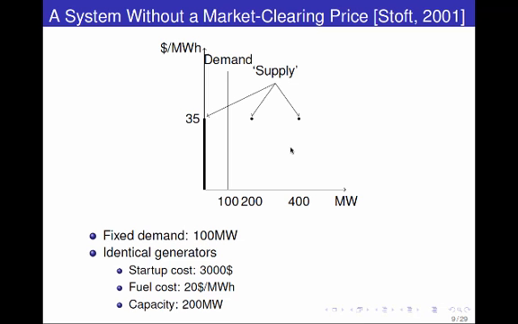But here, suppose this market is going to run for 1 hour. Would you bid 20 here? If you're in the money, there's a problem with your startup cost, right? So what's the minimum price that would make you wake up and move your unit?